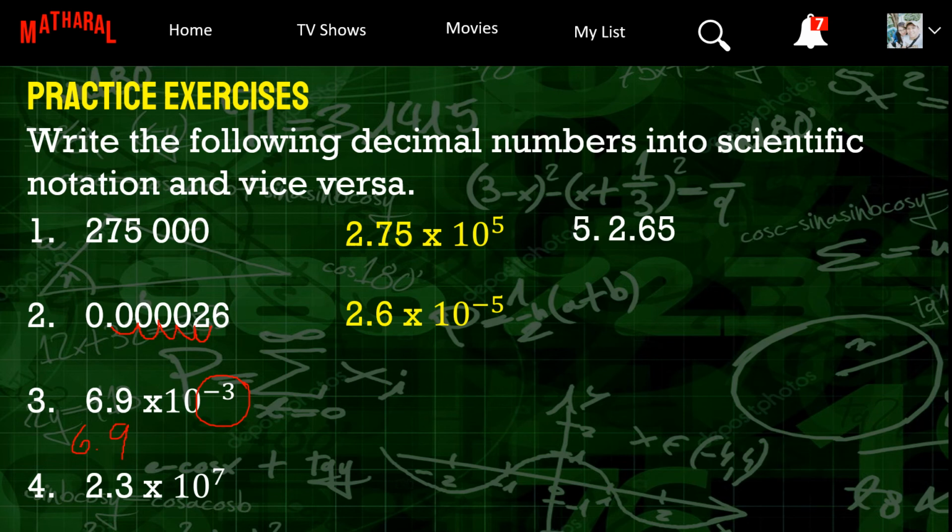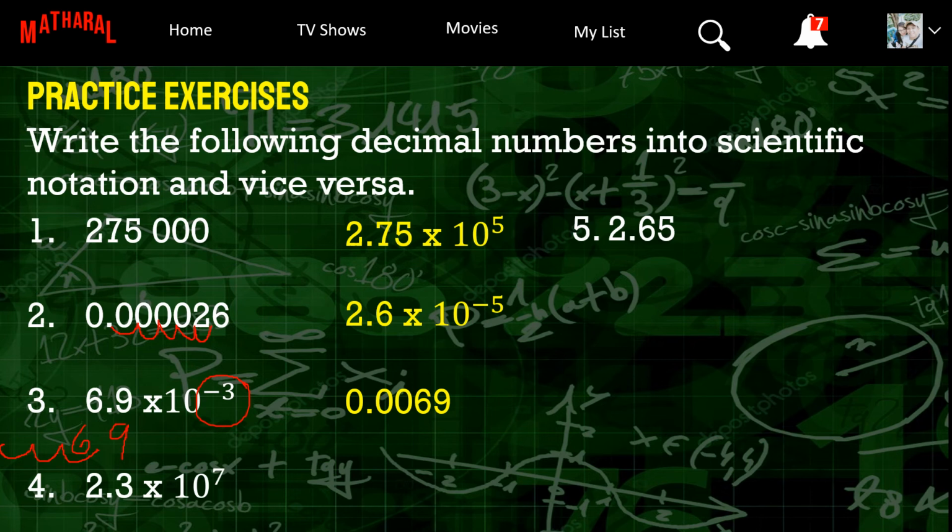And since it is 3, we're going to move the decimal point in 3 movements. So we have 0.0069.